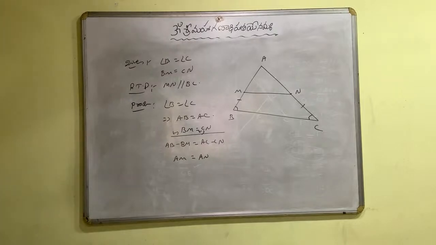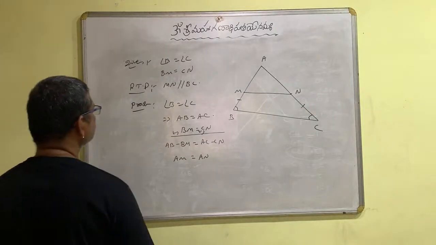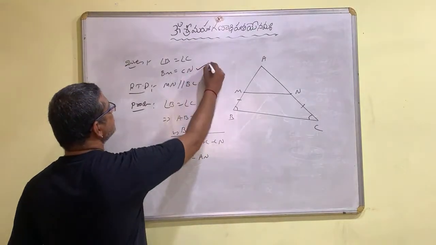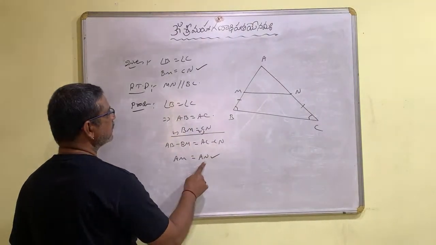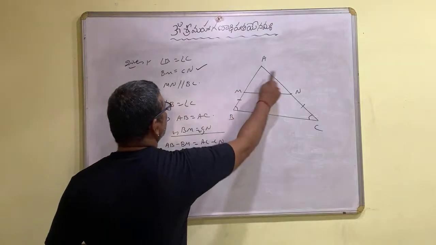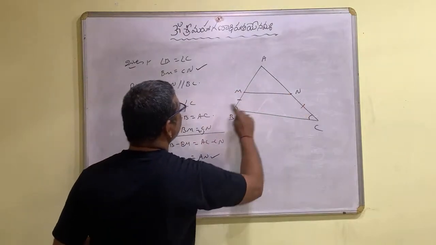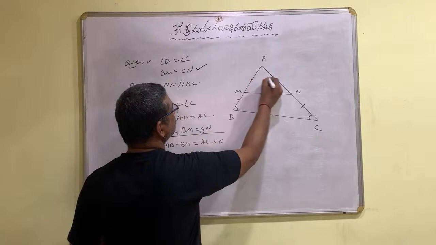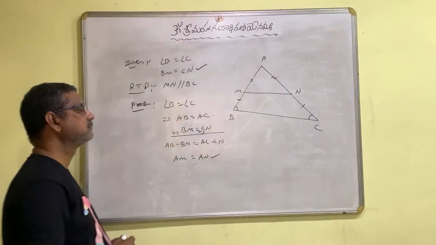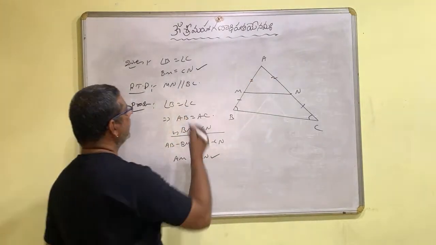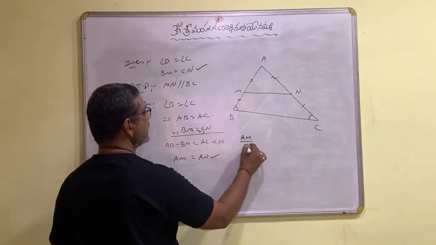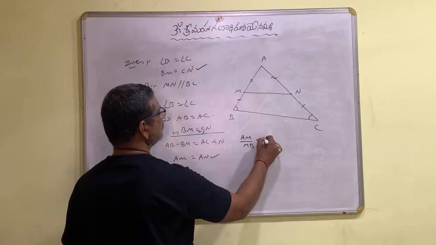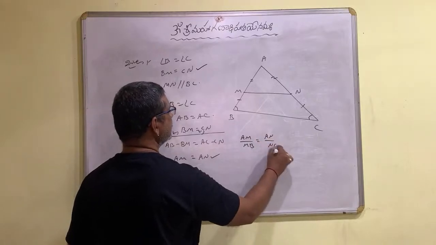Okay. Now we have this and we have this. AM is equal to AN, and these two are also equal. So if we divide both, AM by MB is equal to AN by NC.